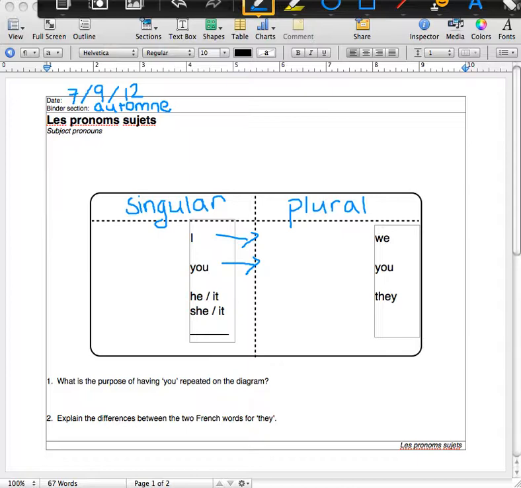We're going to start with the singular side with the word I. So I'm going to write this and I want you to say it in French as you're writing it, and even give it a couple different times if what you're saying doesn't match what I'm saying. So I'm writing je. Je.